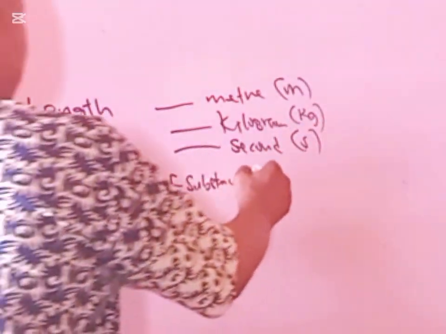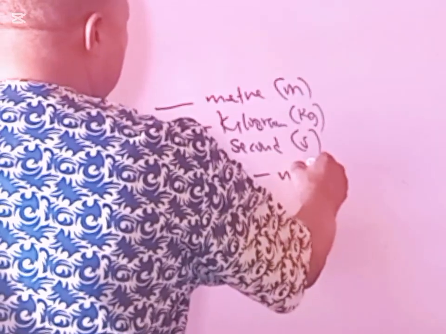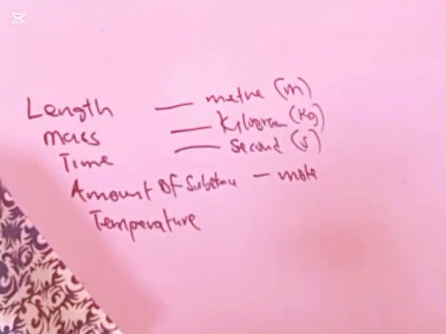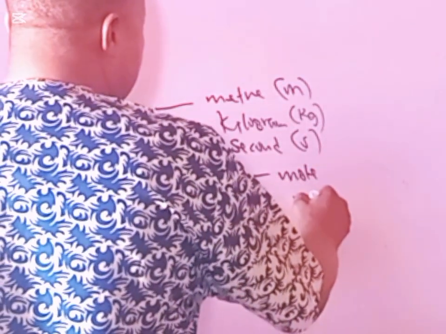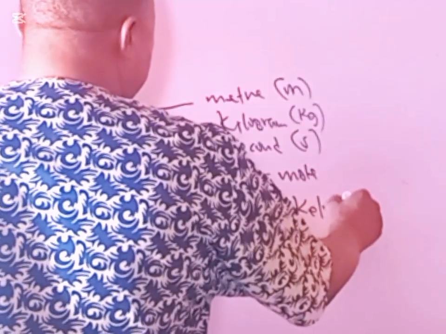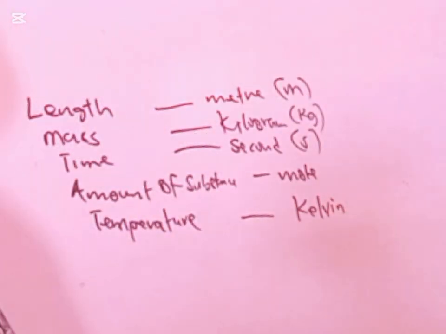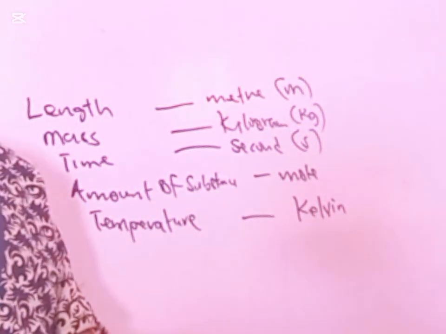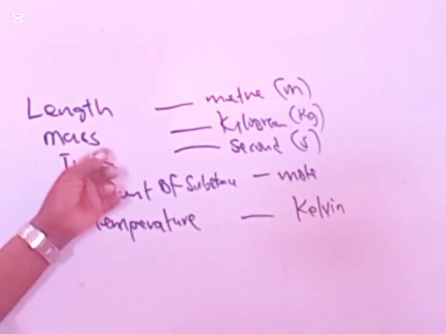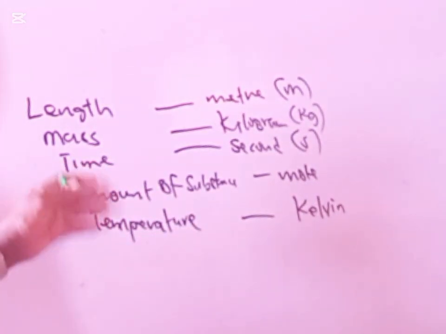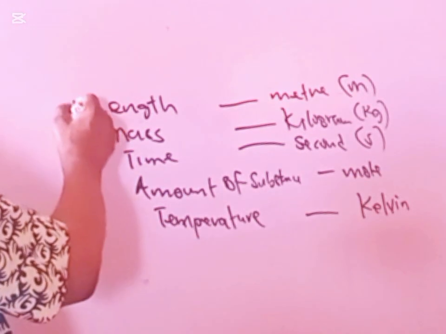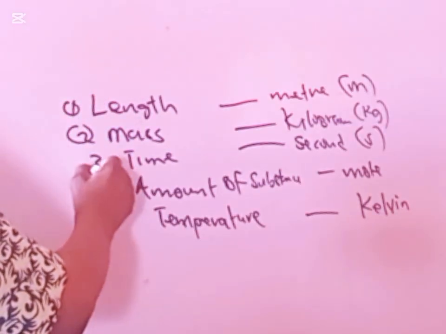Amount of substance is mole. While temperature is Kelvin, and the likes. So among these that I have highlighted, the most important ones that are mostly used are these first three: one, two, three.